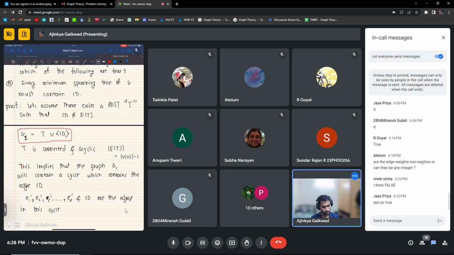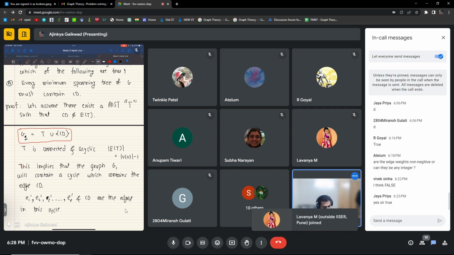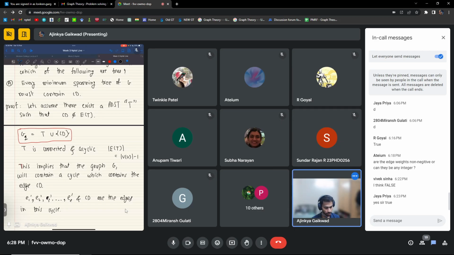Now the question is, does there exist an edge in this sequence E1 prime, E2 prime, E3 prime, EL prime, which has weight more than CD? Or is it possible that all these edges have weight less than CD?